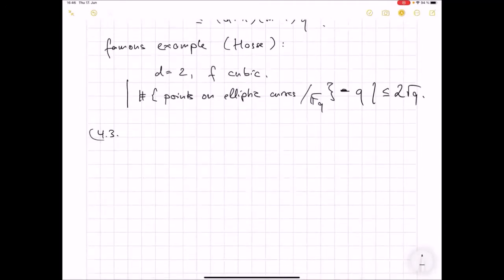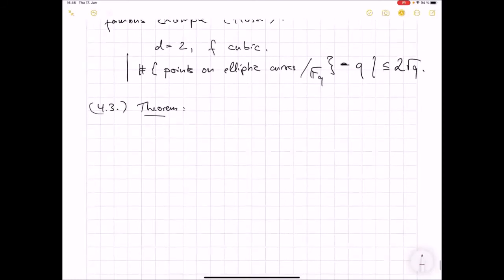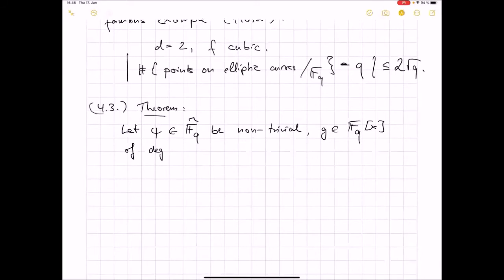That's Theorem 4.3. Let psi in F_q hat be a non-trivial additive character, and g in F_q[x] of degree n. Without loss of generality, we can assume that g(0) is 0, because it's an additive character, so we can just ignore the constant term.